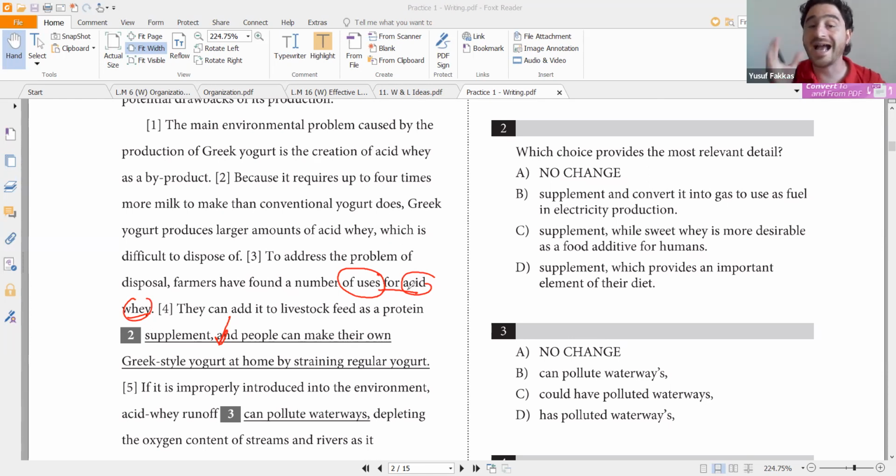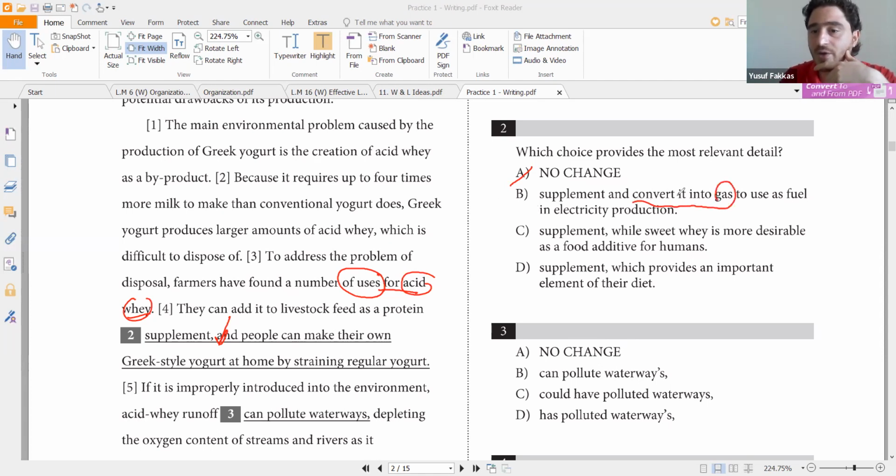Not for Greek yogurt, acid waste. There is no use. So A doesn't work. Okay? Remember, don't be confused. We're talking about Greek yogurt, but when we make it, there is a byproduct, which is the acid waste. The problem is not the Greek yogurt, it's the acid waste that comes from the Greek yogurt. So A is wrong.